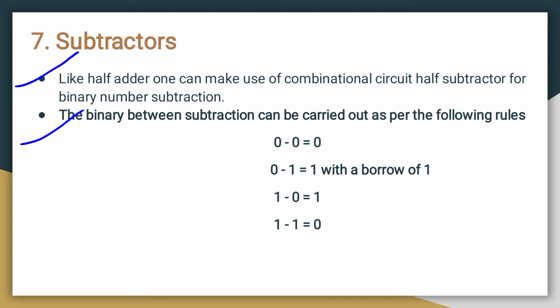Binary subtraction can be carried out as per the following rules. 0 minus 0 is 0. 0 minus 1 is 1 with a borrow of 1. 1 minus 0 is 1. 1 minus 1 is 0. So please go through these rules. Then we will go with the next one.